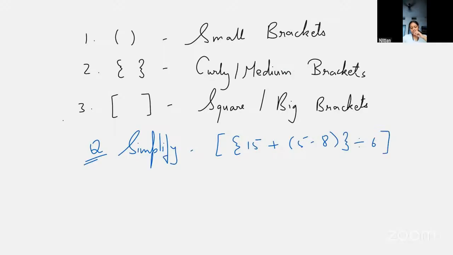Okay, simplify 15 plus 5 minus 8 divided by 6. Now you can see that 15 is in curly bracket, 5 minus 8 is small bracket, 6 is large bracket. So we will follow this format.